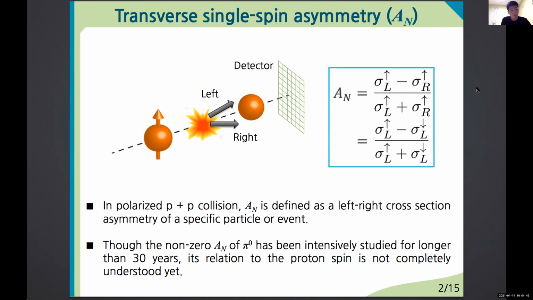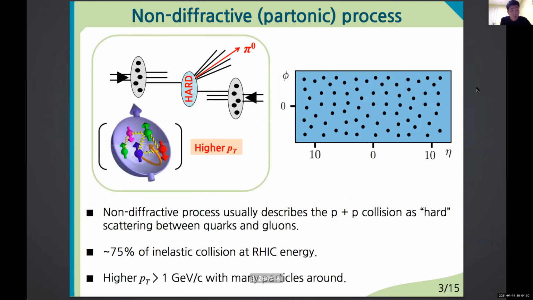If we start from the non-diffractive process first, usually it describes the proton-proton collisions as a hard scattering between quarks and gluons. Since the scattered parton has a net chiral charge, a lot of parton productions follow to compensate it, so their fragmenting hadrons finally fill the whole eta-phi plane, as shown in the right figure.